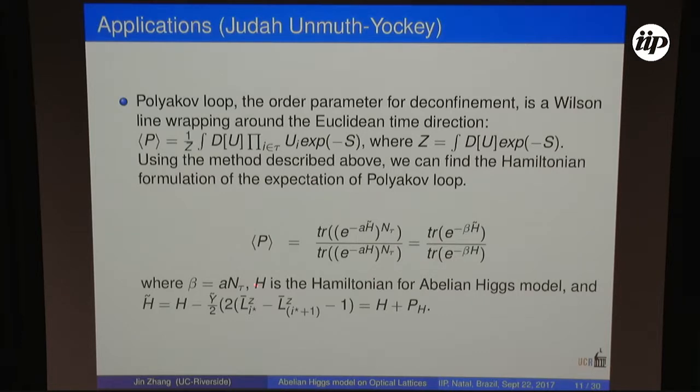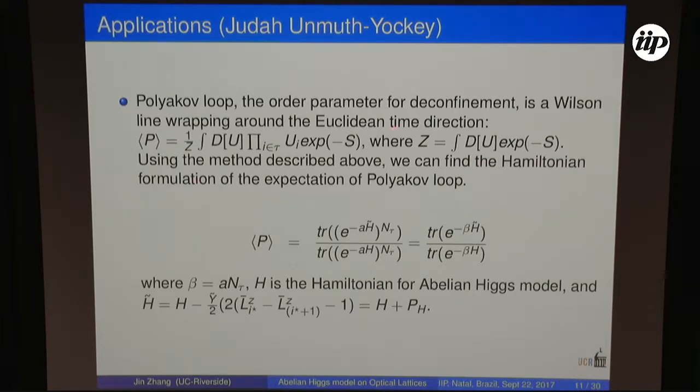So this method has some applications. The first one is to calculate the Polyakov loop. The Polyakov loop is an order parameter of confinement and deconfinement. It's a special Wilson line wrapping around the Euclidean time direction.